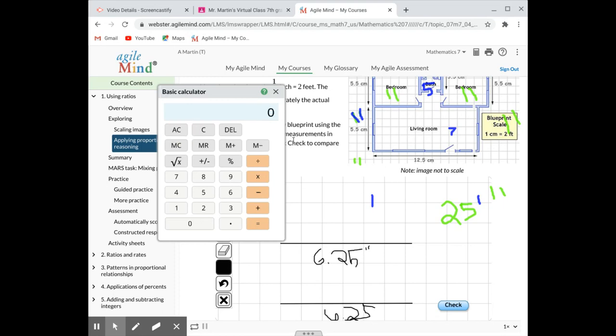So what can we do for 11? Unmute your mic and help me out.